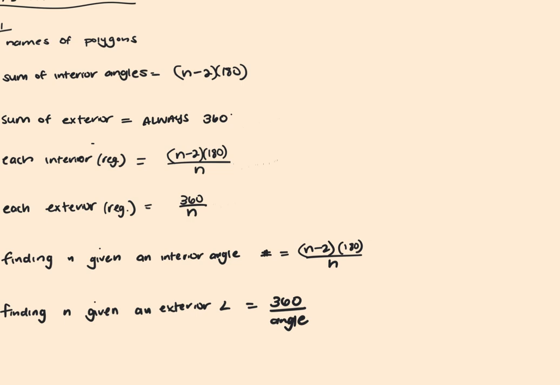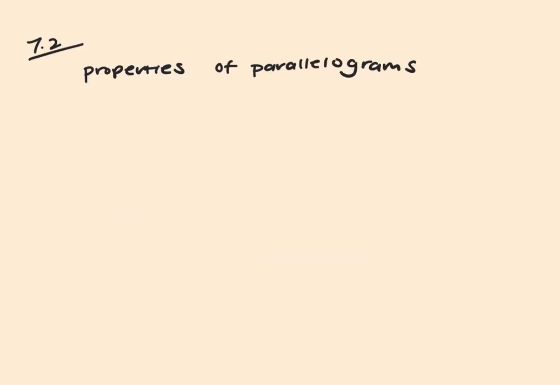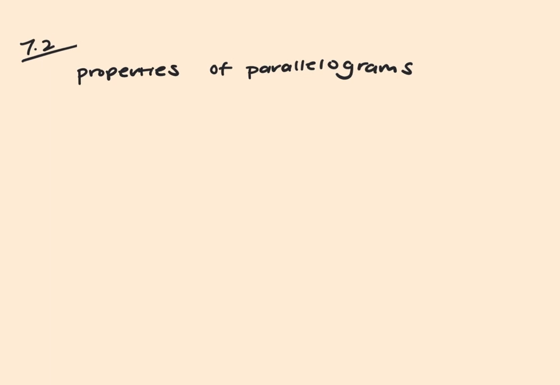Yep. All right, then 7-2, we have the properties of a parallelogram. We started with the definition of a parallelogram, which is a quadrilateral with opposite sides parallel.